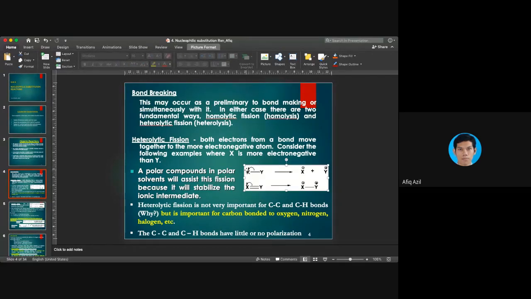So this X and Y, the line over here is the bond, which could be a covalent bond. Inside each bond, normally they are sharing 2 electrons. So in heterolytic fission, both of these electrons will go to one side of the atom. Which atom? Normally, it will go to the more electronegative atom. So this is based on Pauling scales.